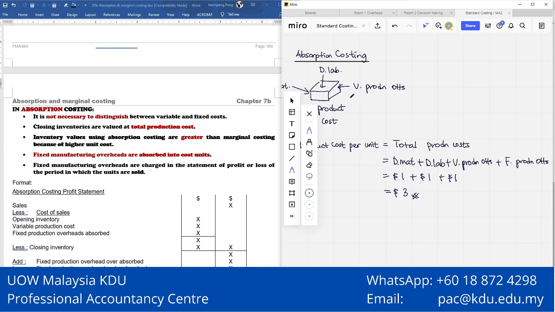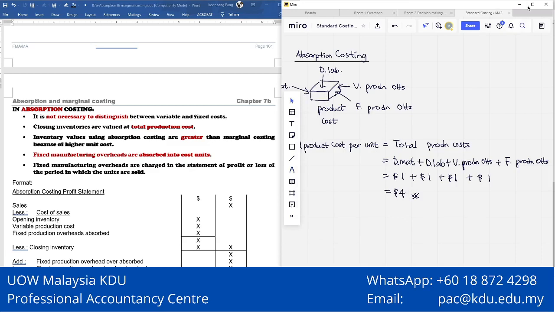That means I have to add in one more arrow, that is my fixed production overhead. Say every element is $1 each: $1 for material, $1 for labor, $1 for variable overheads, and also $1 for the fixed. So now my total cost per unit under absorption costing will be $4 per unit.